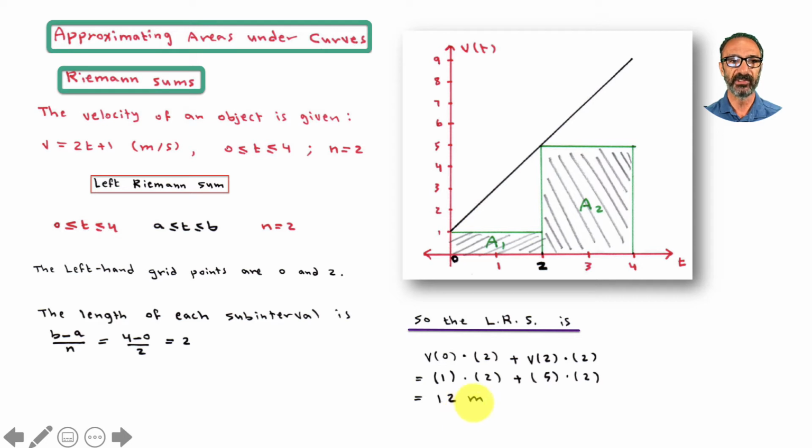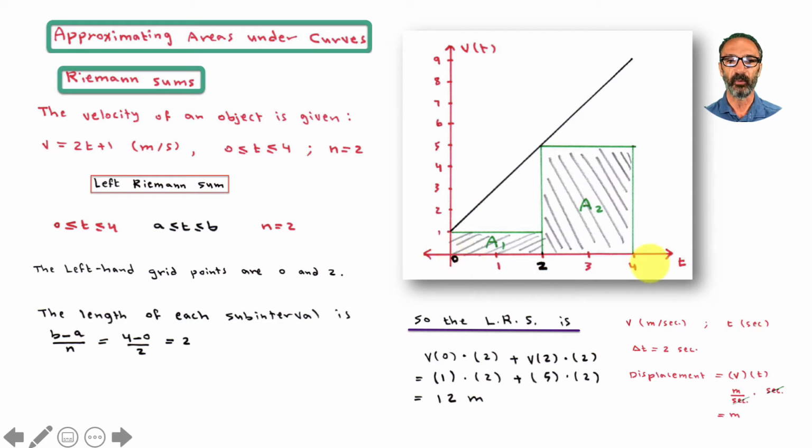Why 12 meters? Because we're dealing with an application, and this is called the displacement. Area under the graph of velocity gives me displacement. The velocity is meters per second, and the time is seconds.